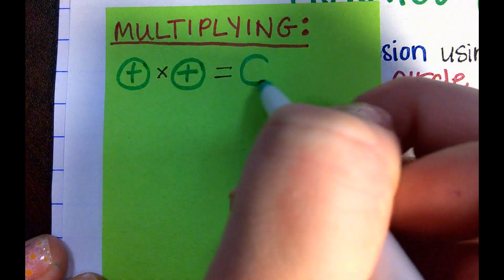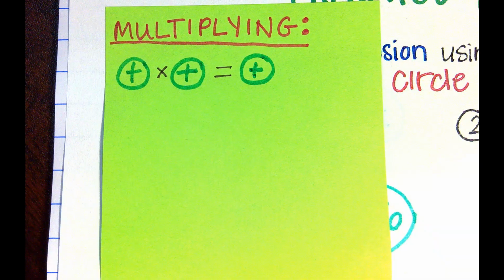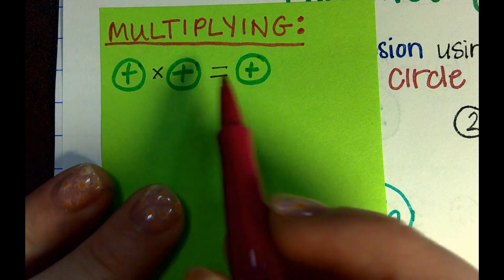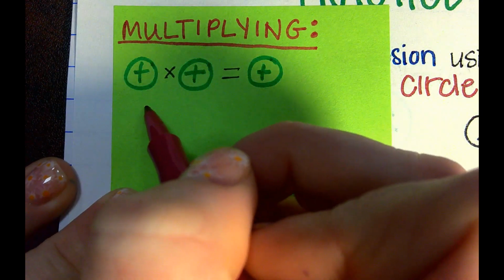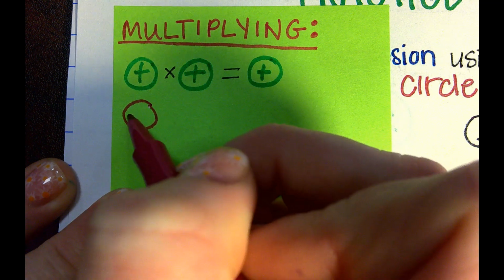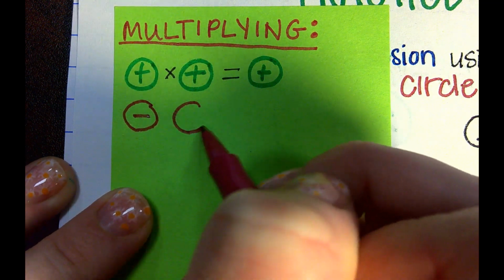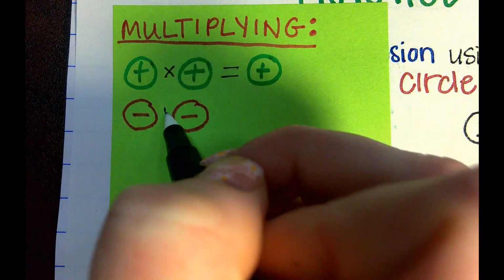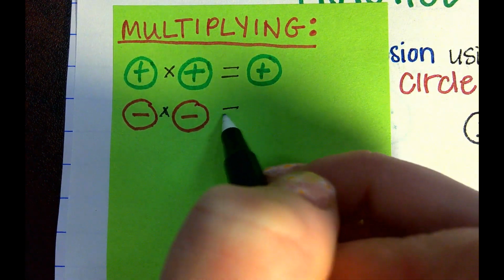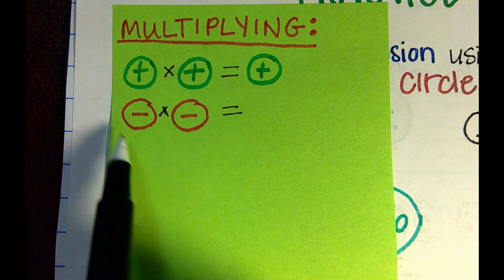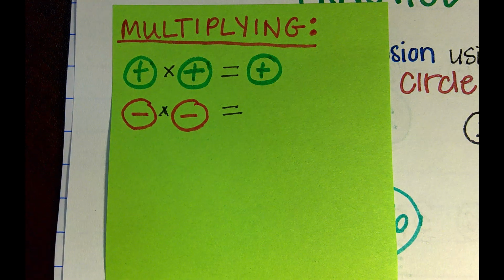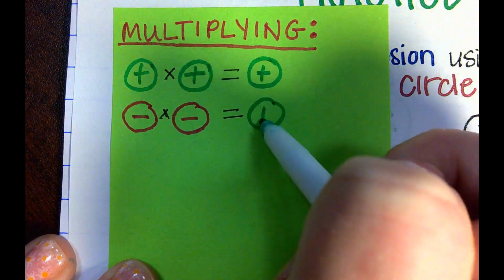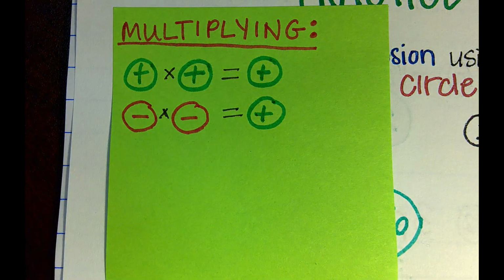Good. So same sign here. Now this is the same rule. What if I take a negative times a negative? You get a positive. These have the same signs, these have the same signs. When you multiply two signs that are the same, you get a positive answer, always.